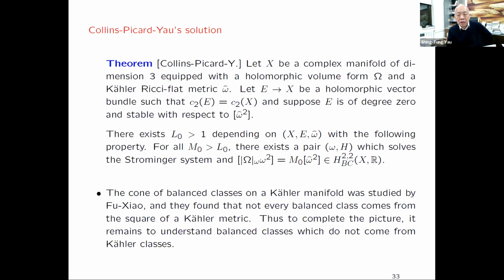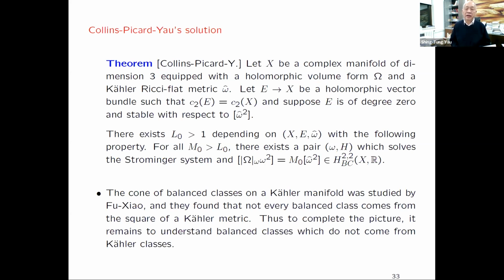So the cone of balanced classes is actually quite interesting. On the other hand, in this theorem, we assume that it is coming from a Kähler class. That turns out to be rather restrictive, because it was found by Fu and his student that the cone of balanced classes is much bigger than the squares of Kähler metrics. So not every balanced class will come from the square of a Kähler metric.